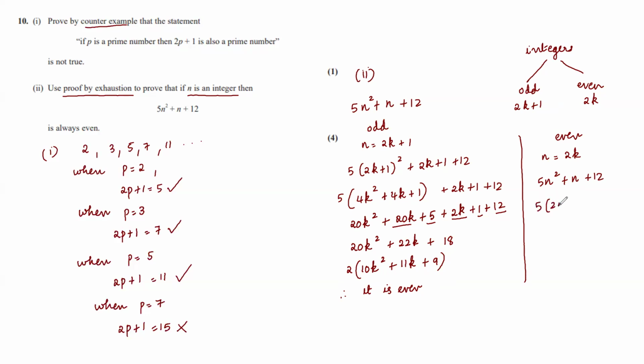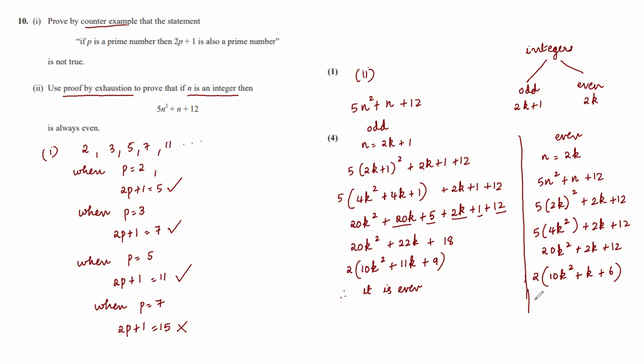So 5 into 2k the whole square plus 2k plus 12. 2k the whole square is 4k square, so 5 into that, now this is 20k square plus 2k plus 12. We can take 2 common outside. 2 into 10k square plus k plus 6.